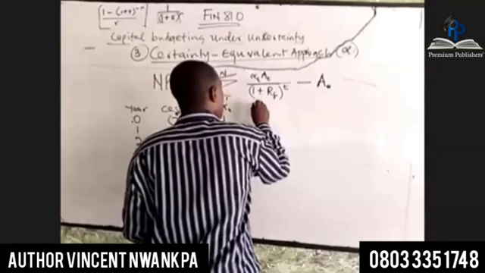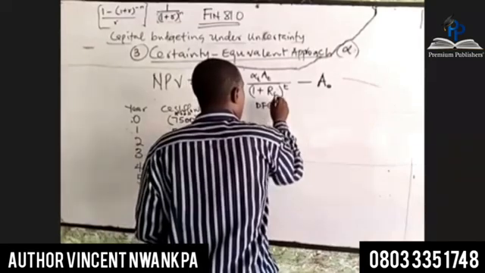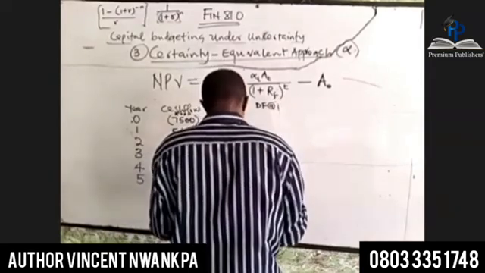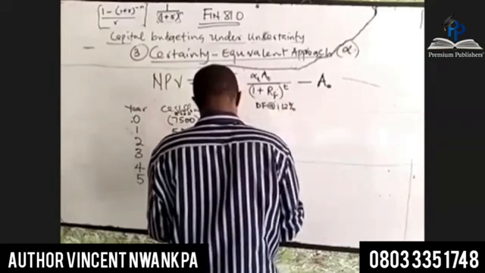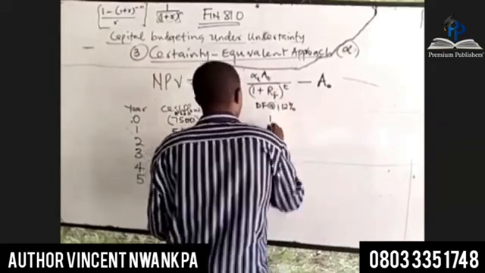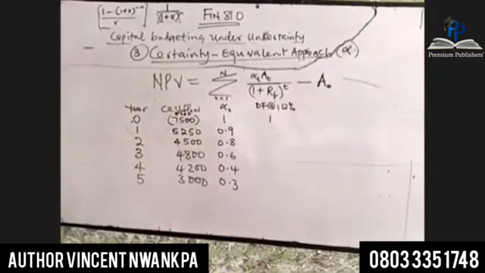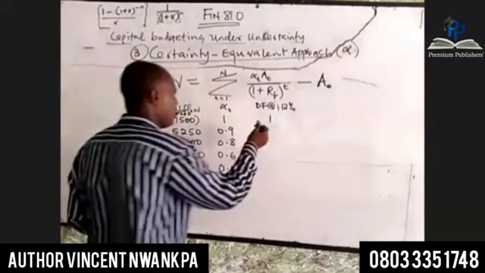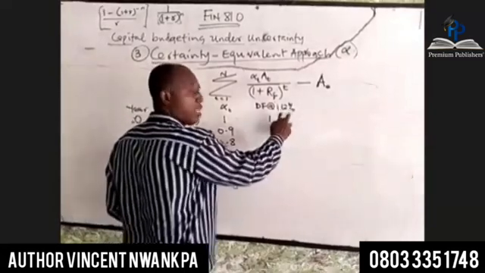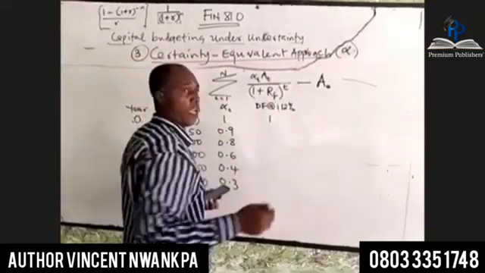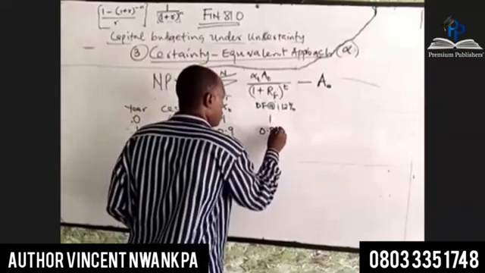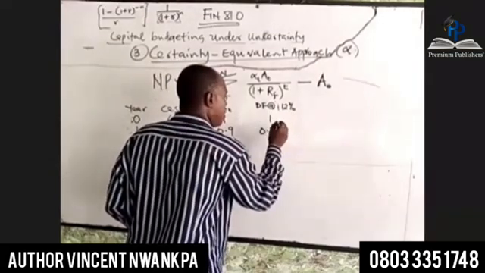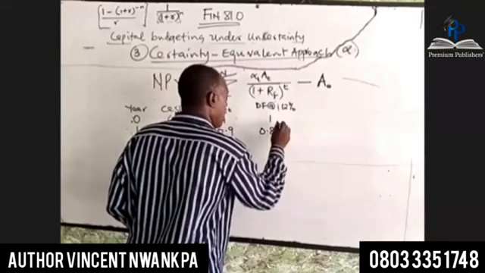Our discount rate here is how many percent? 12%. That one is a 1. We have done 12% today, so go back to your notes and recall the 12% factors. 0.892.